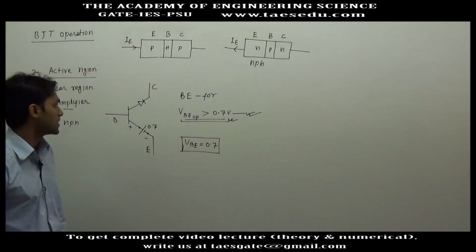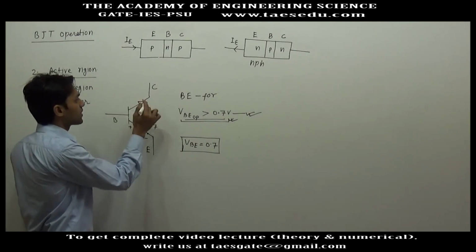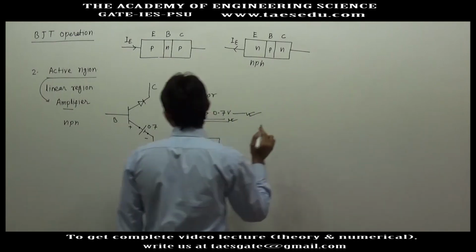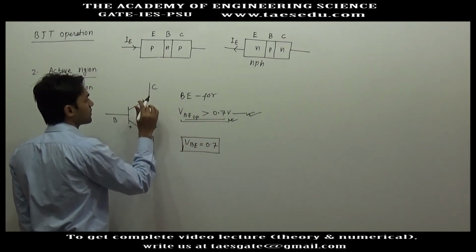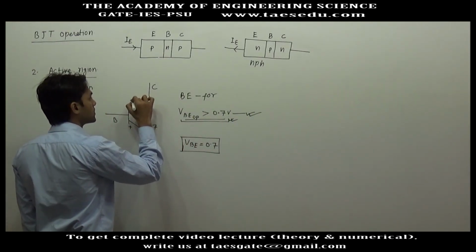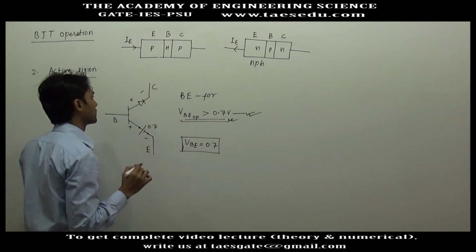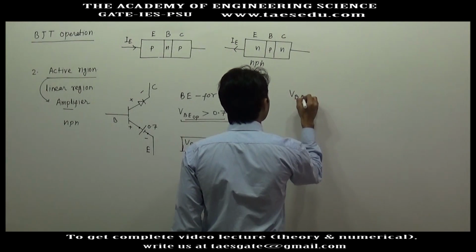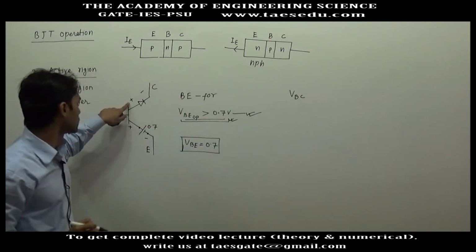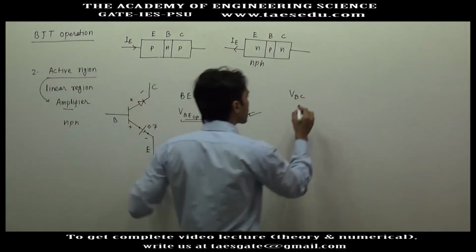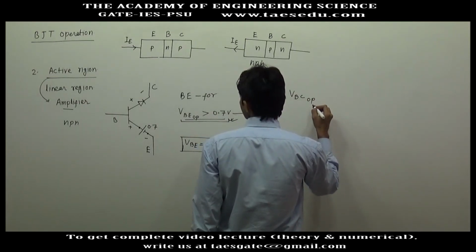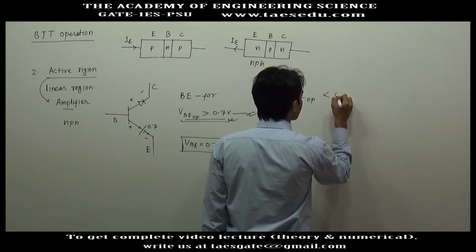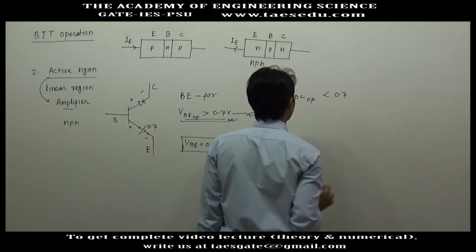Okay, so this was about the base emitter junction, and the collector base junction is reverse biased. For collector and base, this is positive, this is negative. So we will write VBC, first positive then negative. VBC open circuited should not be forward biased, so this should be less than 0.7 volt.